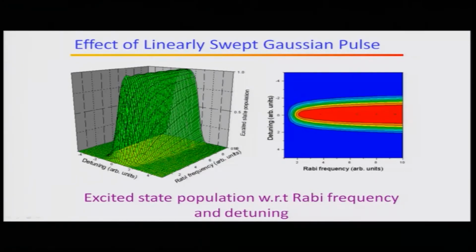The convenient unit for many of the interactions is often the Rabi frequency, which essentially connects how well the two states are coupled as well as the intensity of the applied field. Both of them together define the Rabi frequency.